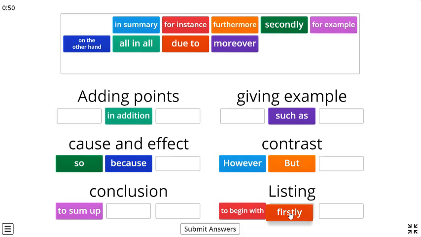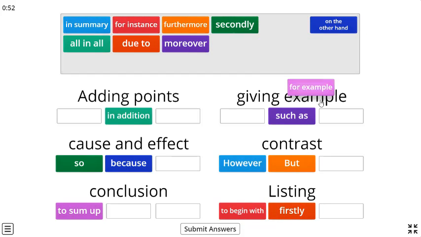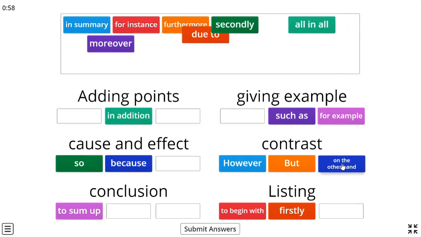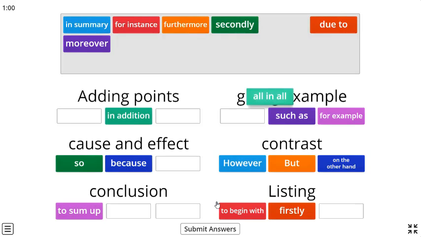Firstly, it's to list. For example, is to give example, of course. On the other hand, it's used for contrast. All in all, we can use it to conclude.